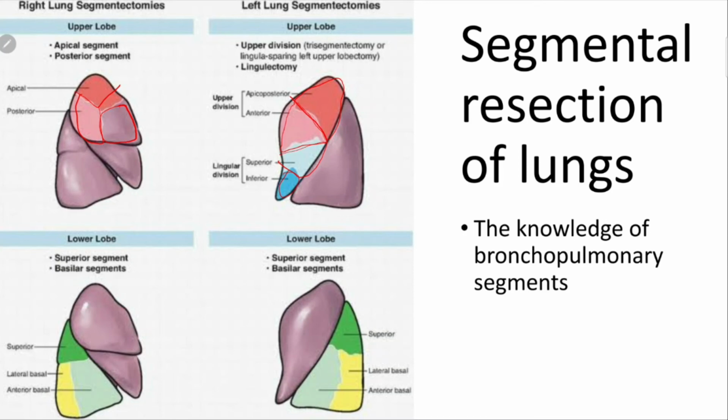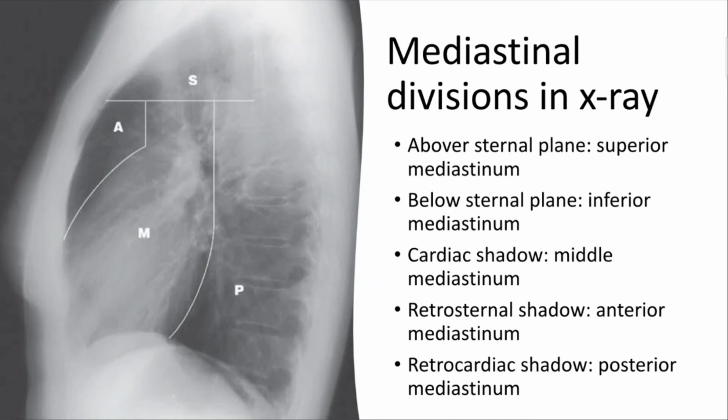A localized chronic disease such as TB, bronchiectasis, or benign neoplasm is restricted to one segment. It is therefore possible to dissect out and remove the diseased segment, leaving the surrounding tissue intact. And this procedure is nothing but the segmental resection.